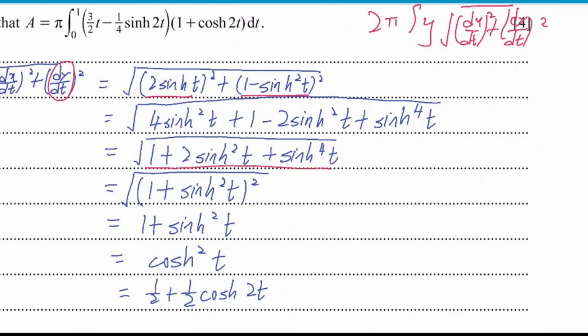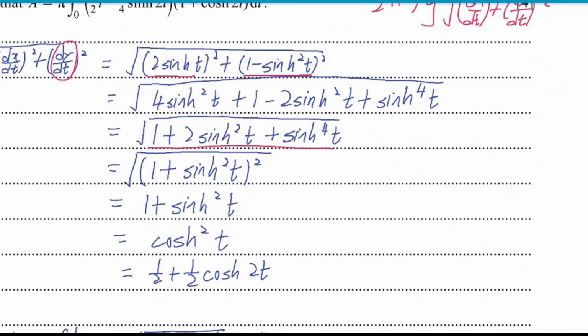From here we need to cancel off with the square root. This is actually a perfect square that we can write as 1 plus sinh squared, squared, so we can cancel the square root with the square there. So we only get 1 plus sinh squared.